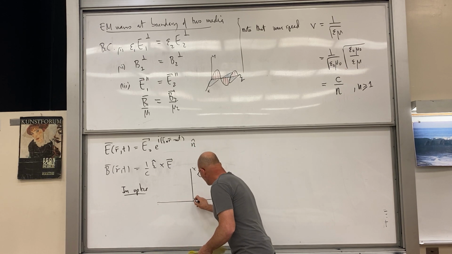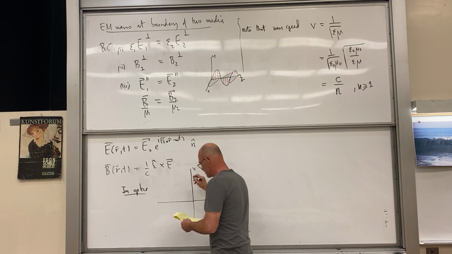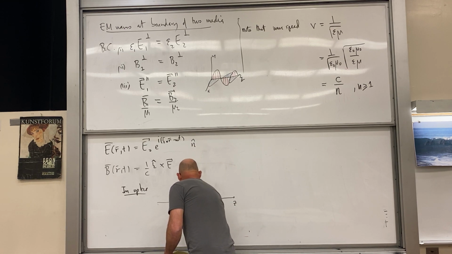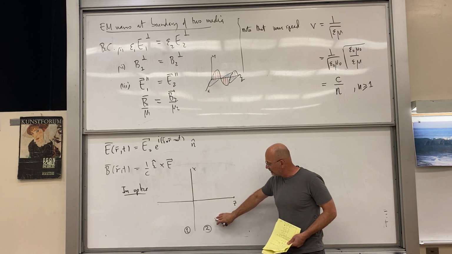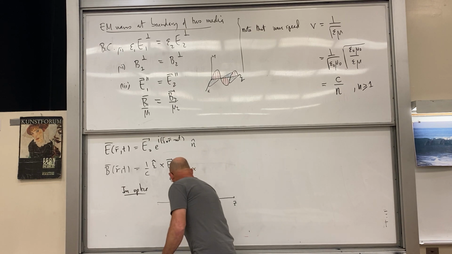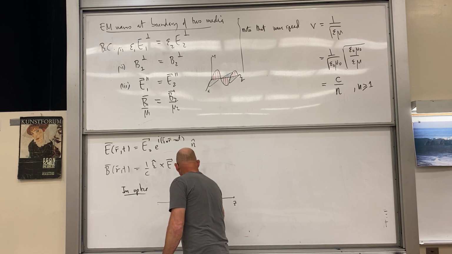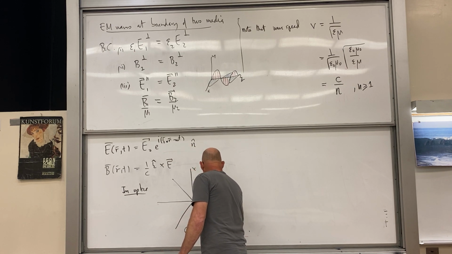And we're going to call this the one side, and this is the number 2 side. We have a ray, actually not a ray, a wave vector coming in, say like this, and there is a reflected and a transmitted wave.